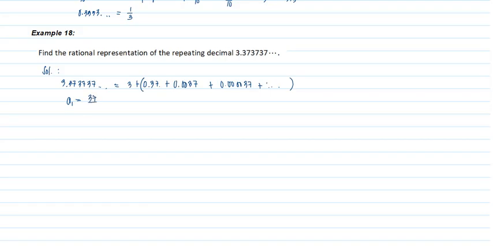Tapos, ano yung common ratio now ng ating sequence? So, yung common ratio can be determined by dividing these values. So, this is 37 over 100 for 0.37. Yung ating 0.0037 is 37 divided by 10,000. So this is going to be divided by 37 over 10,000.